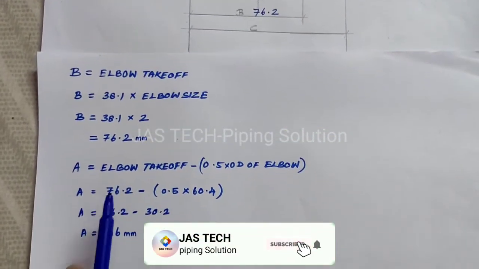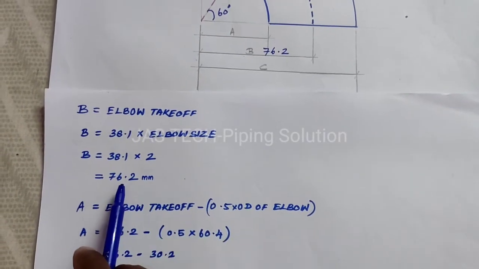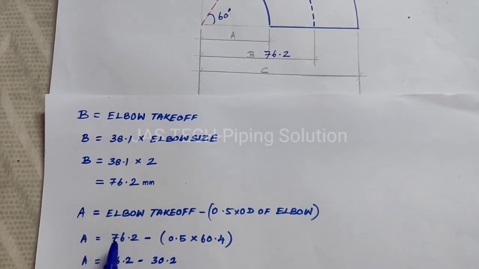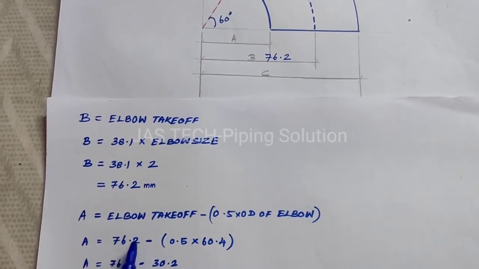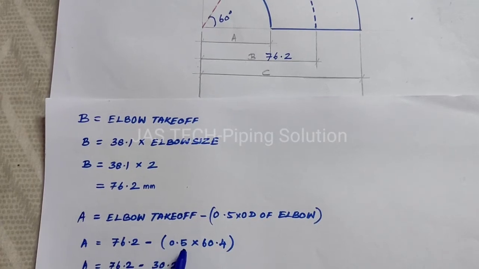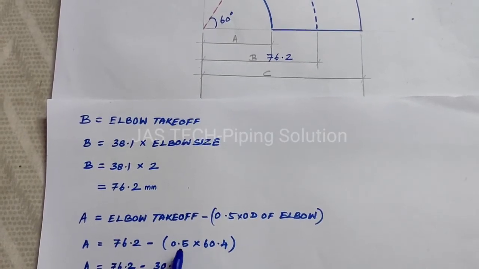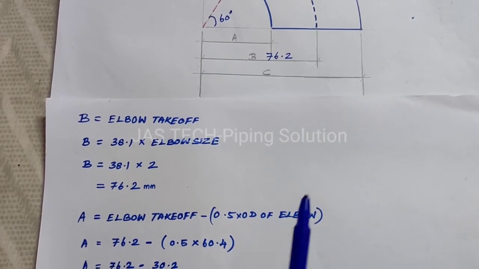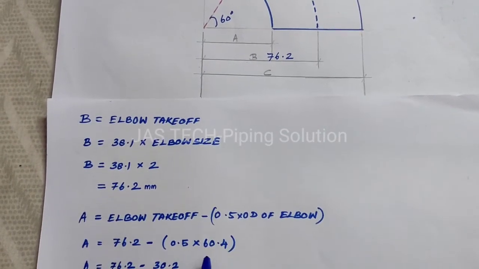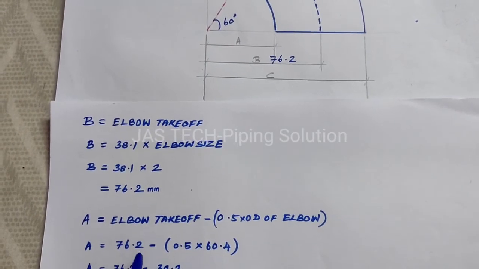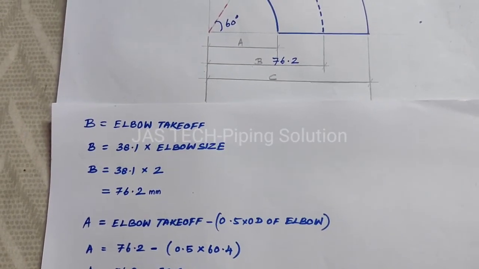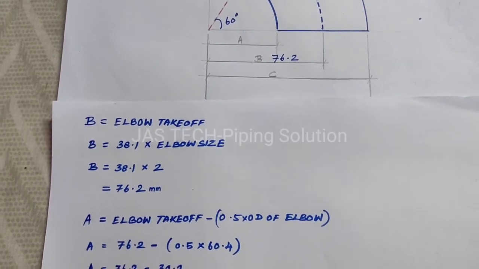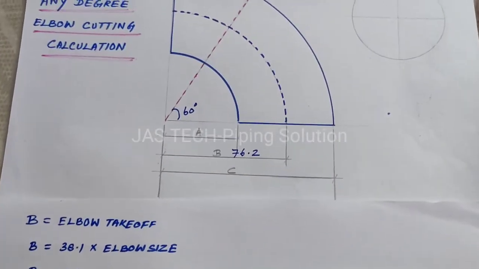Elbow takeoff we already solved: 76.2 mm. So A equals 76.2 minus half OD. Half OD means 0.5 multiplied by 2-inch elbow OD size 60.4 mm. This is constant. So 76.2 minus half OD 30.2 is equal to 46 mm.